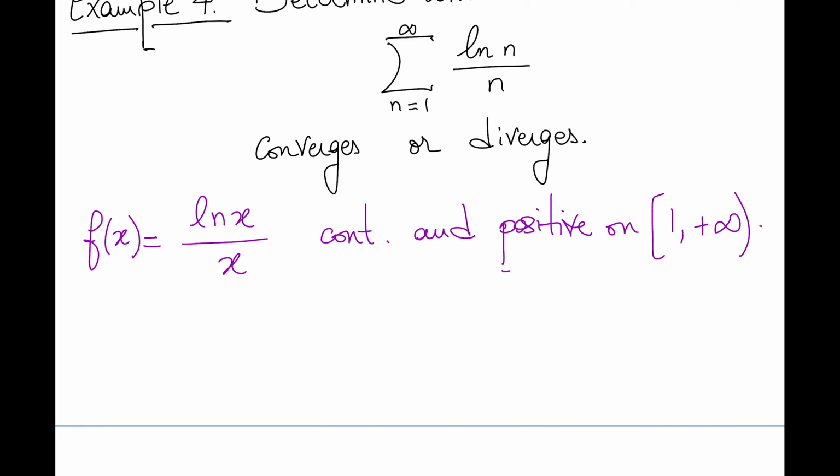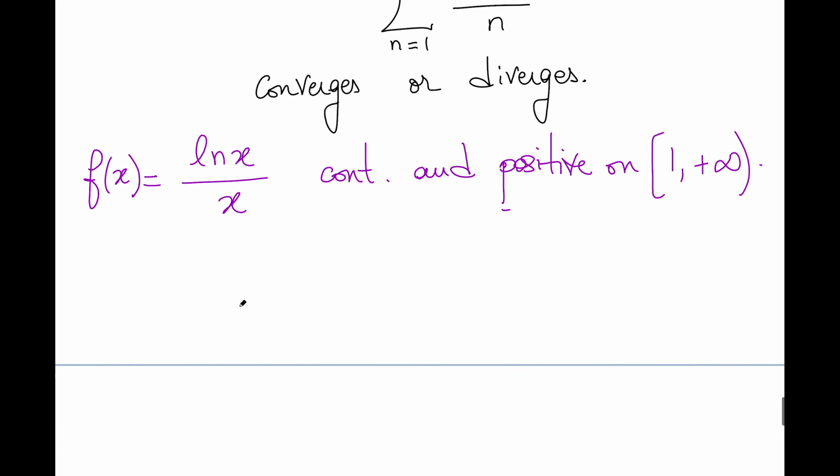Correct? As long as we are bigger than 0, this function is continuous, and it's positive as x is bigger than 1 because ln x is negative when x is between 0 and 1, so this is correct. And how about the decreasing part? So let's check. Let's find f prime of x.